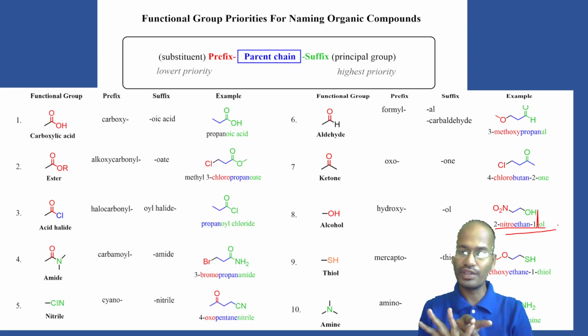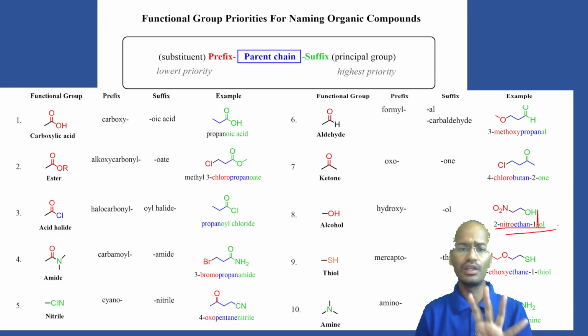And the fourth one is your secondary suffix. It's nothing but your highest priority functional group. So we have seen all those four parts of the name of an organic molecule in a systematic name, or the same I can say as four parts as per IUPAC nomenclature.